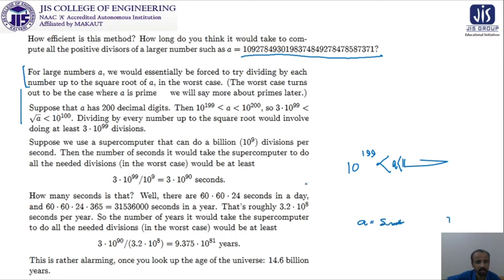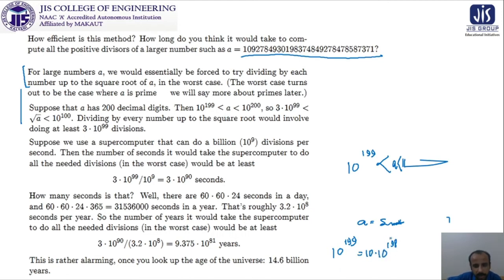Now 3 into 10 to the power 19. From where are we getting it? We are taking the square root of A, so parallelly we have to take the square root of 10 to the power 199. 10 to the power 199 is 10 into 10 to the power 198.